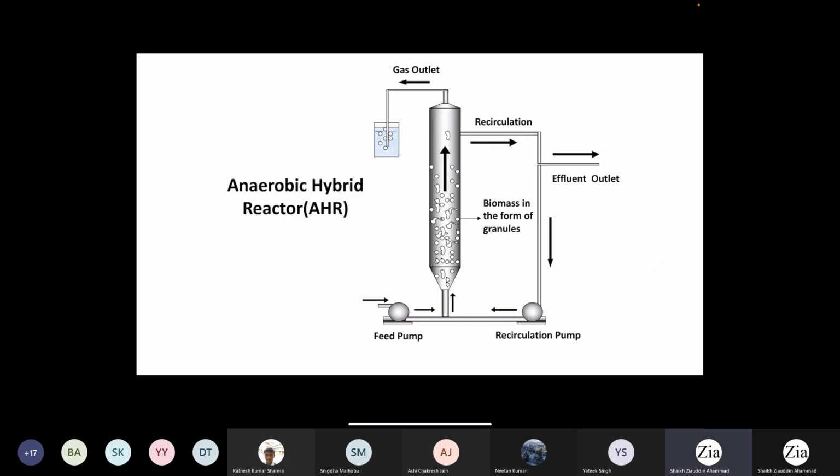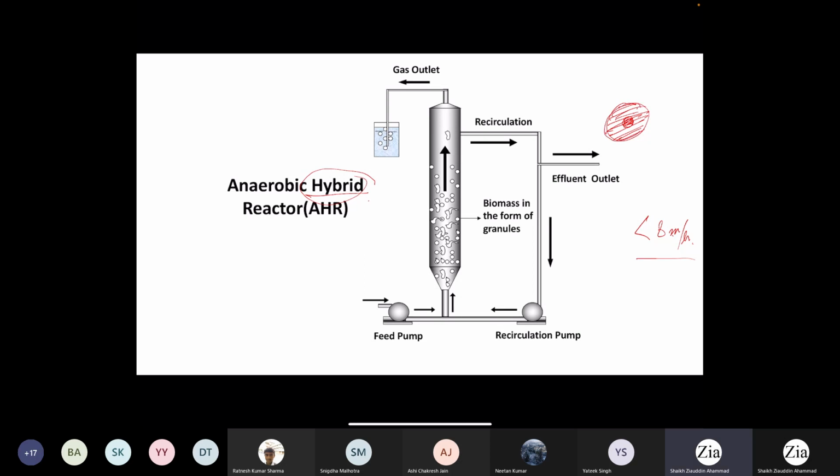Now, in the hybrid anaerobic reactor system, we use the concept of the fluidized bed reactor as well as the USB. That's why it is a hybrid of fluidized bed and USB. Here we maintain a flow rate of less than 8 meters per hour. So fluidization is done at a lower velocity, and instead of using granules with inert support material, we just have biogranules where the core is also formed of bacteria.